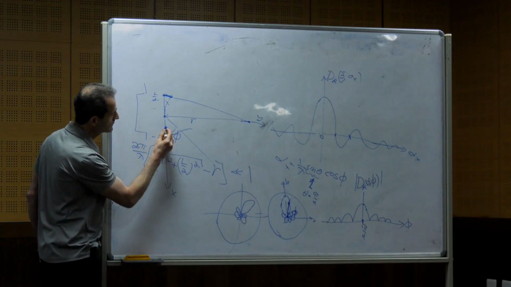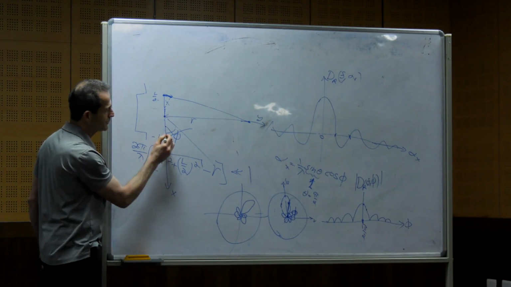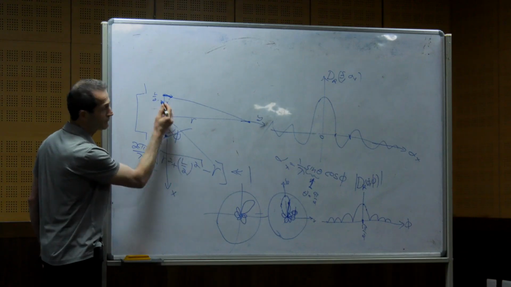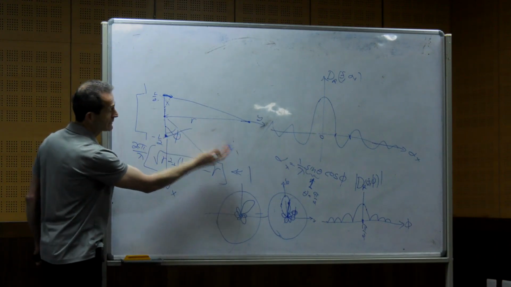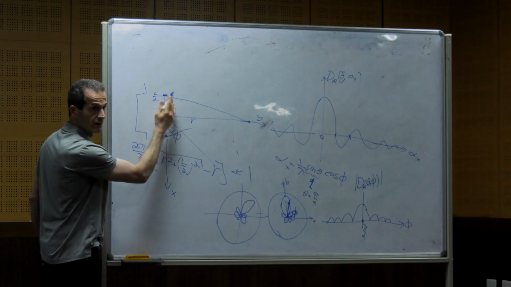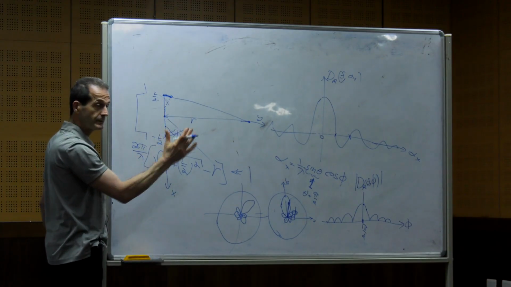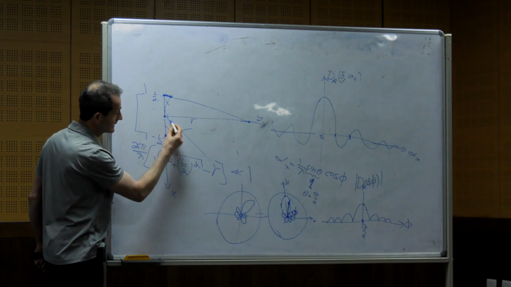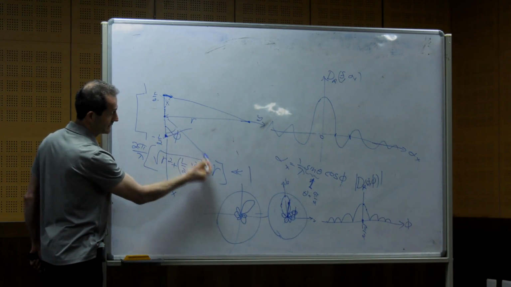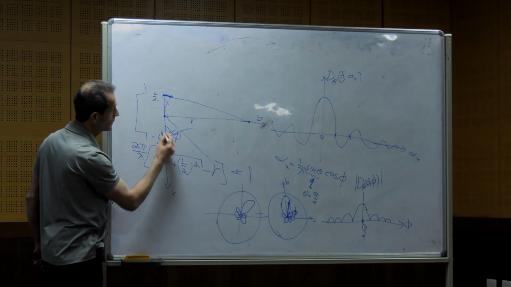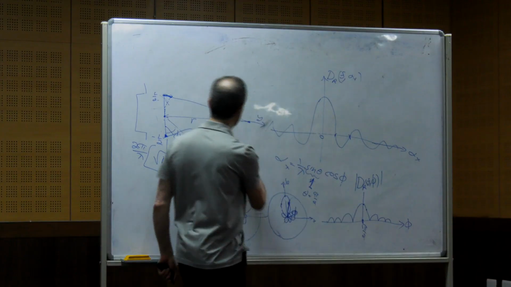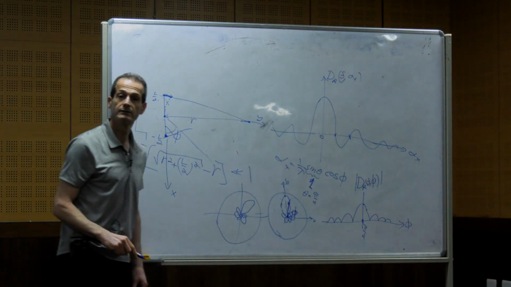So if I put a phase in each point along the aperture such that it compensates for the phase differences of the propagating wave, then a signal that comes from this direction will be accumulated, and I will have the maximum response to that direction.